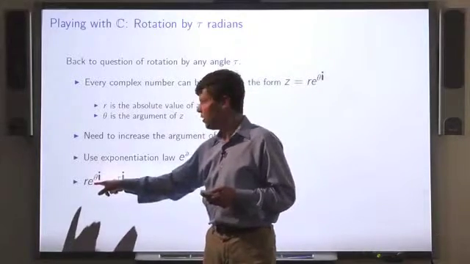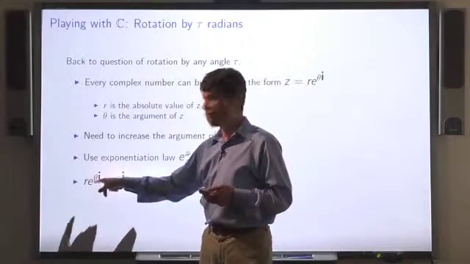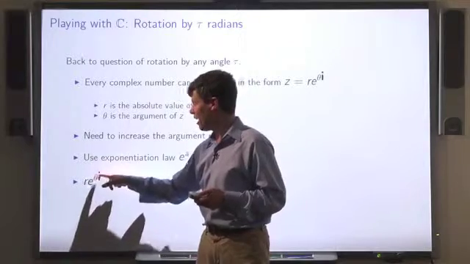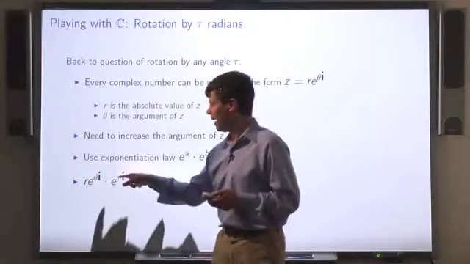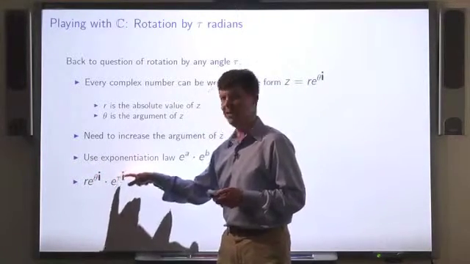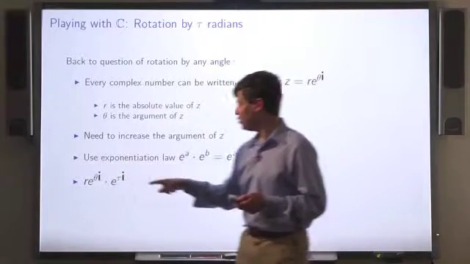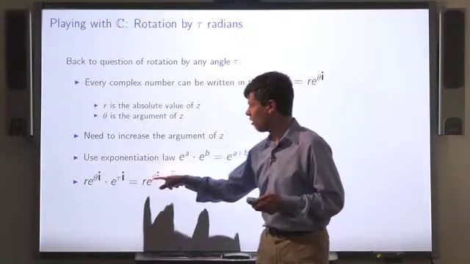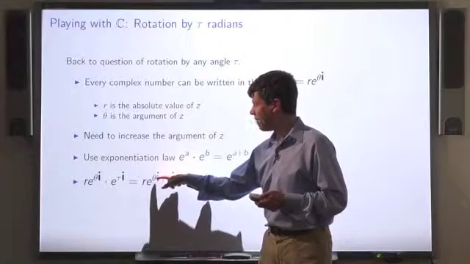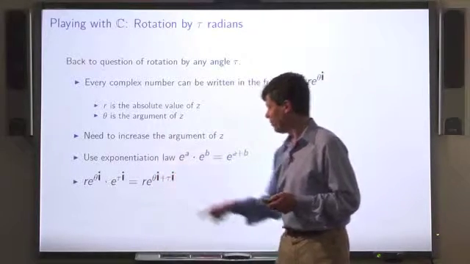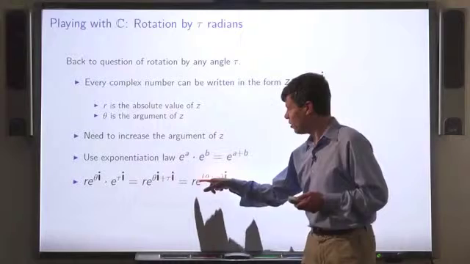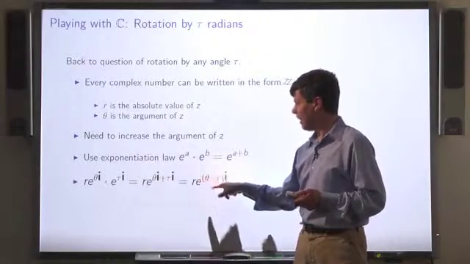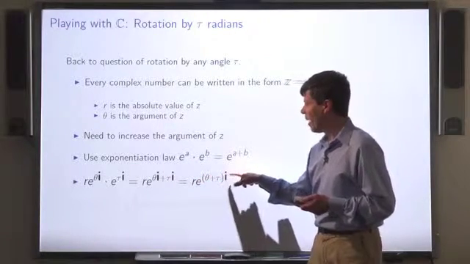So if we start with the complex number z, which is r times e to the theta i, and we multiply it by e to the tau i, by the exponentiation law, that's the same as r times e to the theta i plus tau i, which is the same as r times e to the theta plus tau i.